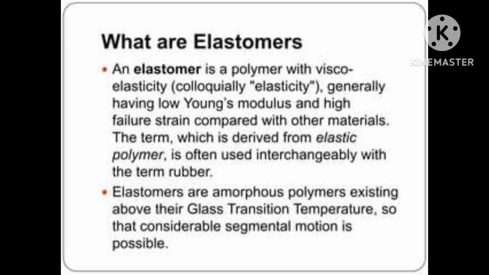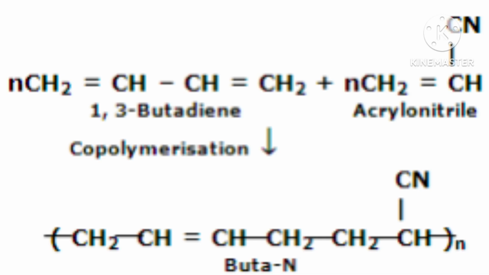Here N means nitrile: CN is attached to the 1,3-butadiene. Next I told you neoprene. These are the examples of elastomeric polymers: Buna-S, Buna-N, neoprene, etc.